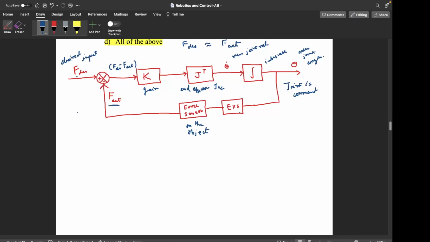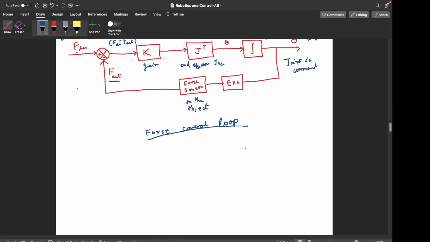So this is the loop, and once again the new joint angles will be sent to the exoskeleton. Again there would be some new force measured that would go back again here, and this loop will go on. So this is the control loop, the force control loop.